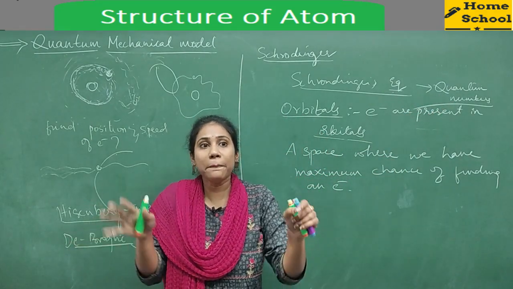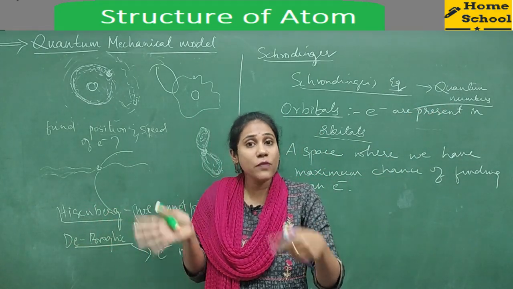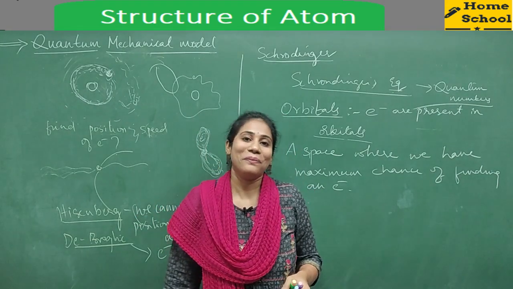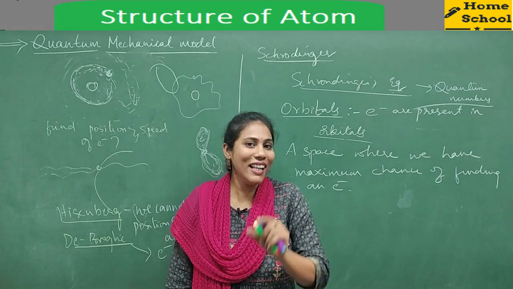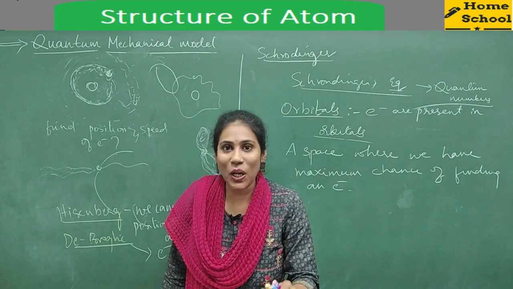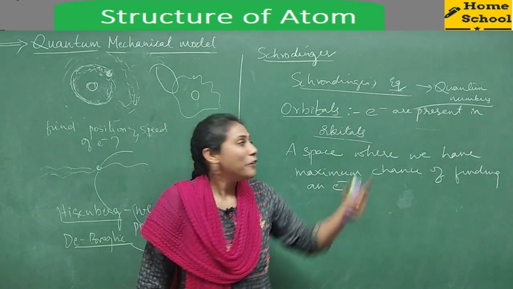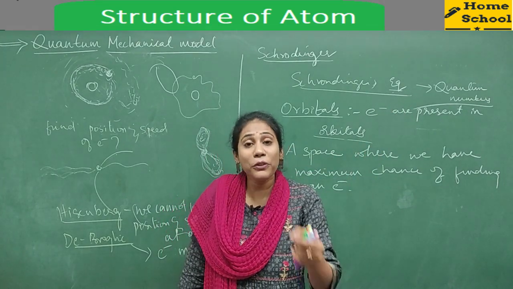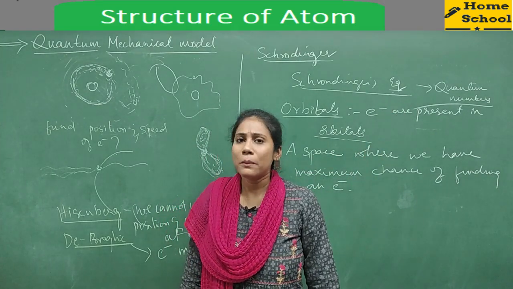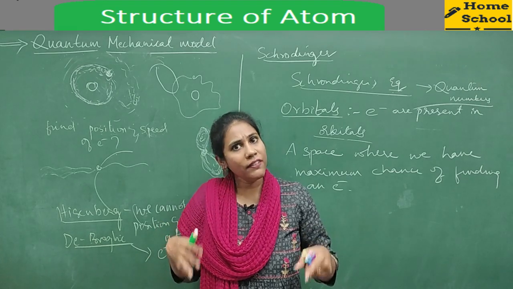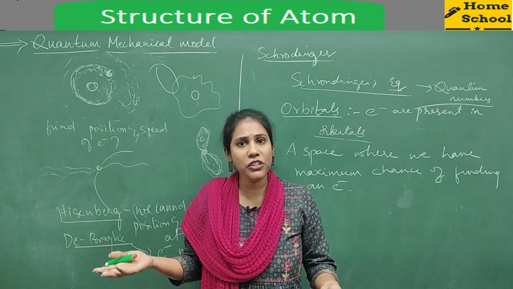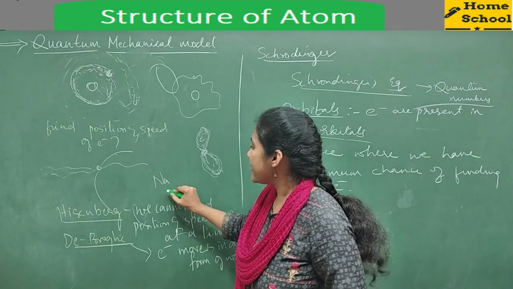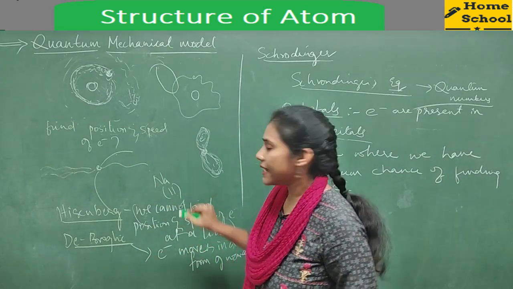Quantum numbers are the things which will help you give an address of an electron. In simple words, the address of an electron can be located with the help of quantum numbers. It's very important to know the address of an electron because electrons are the ones which participate in chemical reactions. For example, you have sodium. What is the atomic number of sodium? It is 11.